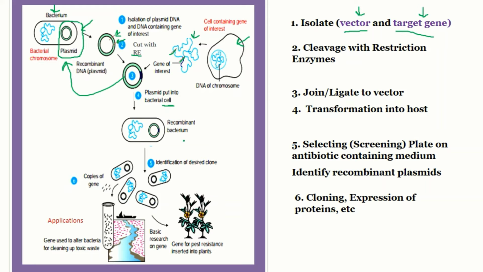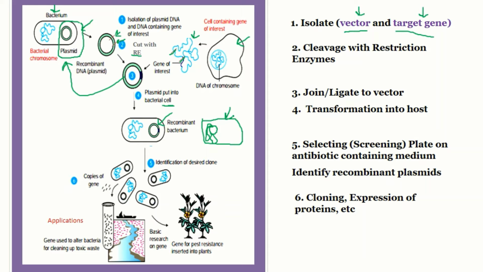Number 5. Now, it is possible that if you have several bacterial cells, some of them are able to take up the recombinant plasmid and others are not able to take up the plasmid that is recombinant, and therefore they will not have become recombinant.